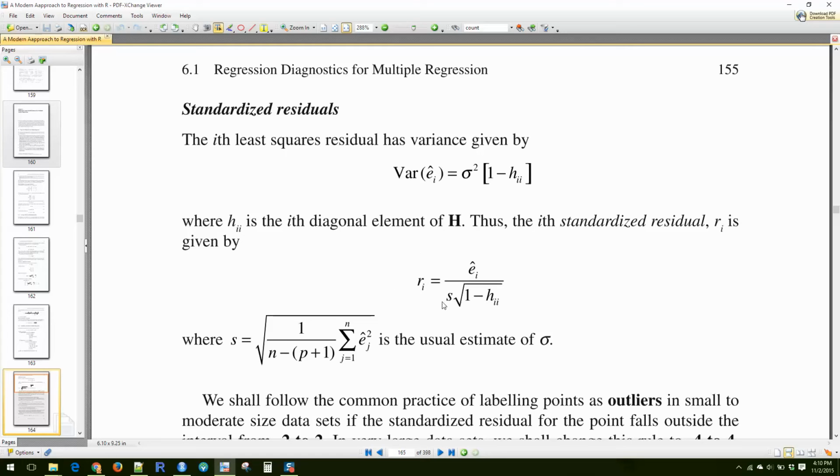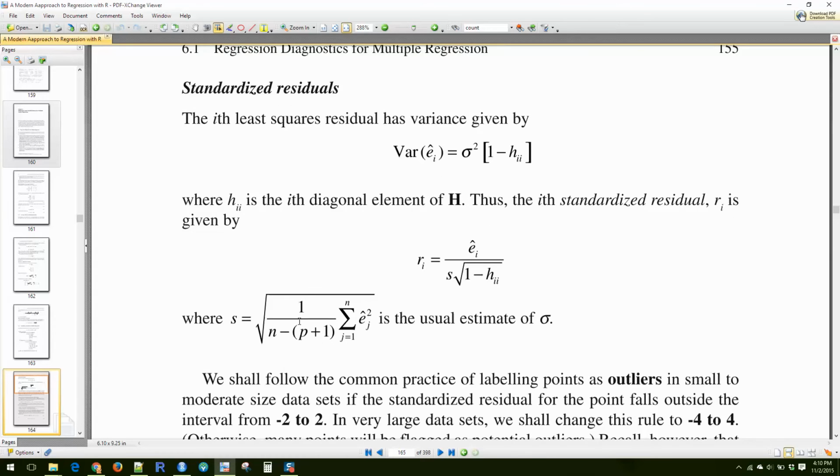And if we replace sigma with our best guess s, we get this. So our standardized residual is the residual divided by the estimated standard deviation, not the standard deviation of y. I think we've already covered this part here.